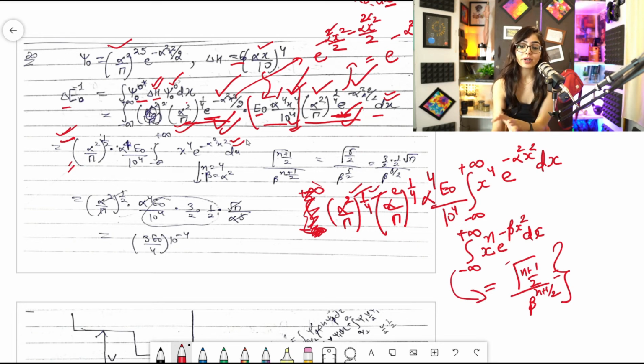So let's see what all things are in this integration. Here what can you see? x raised to power n, so n would be what? n is 4. Guys, don't get confused if you are new to this channel, new to this video. Please go back to my previous lectures. I have explained why I am writing it like this.